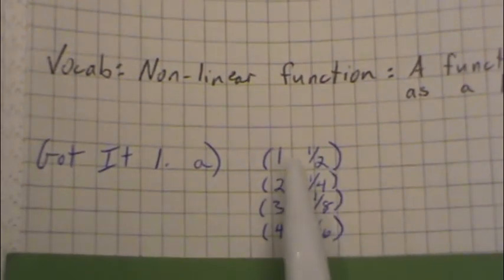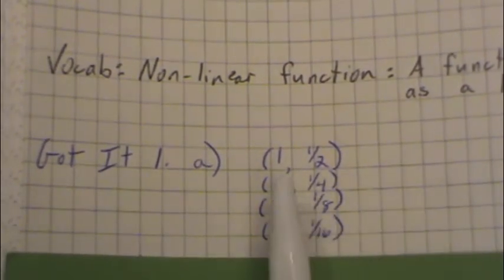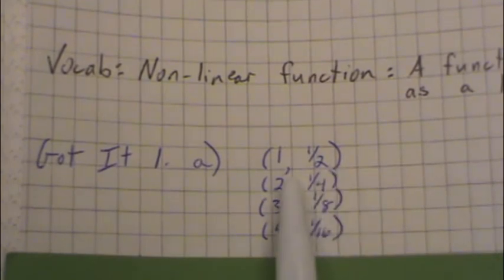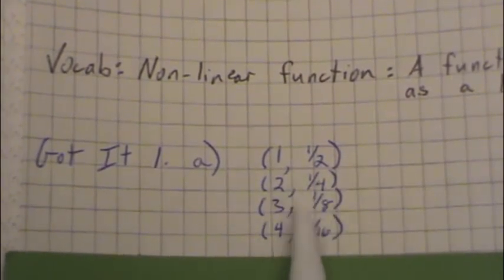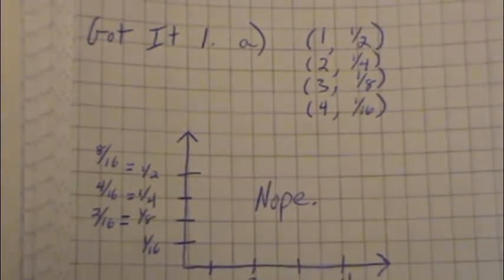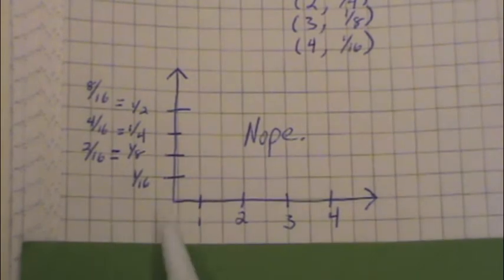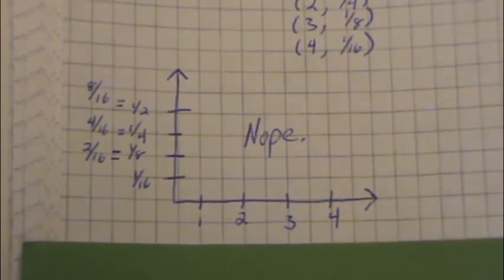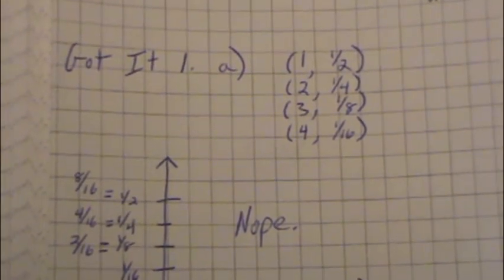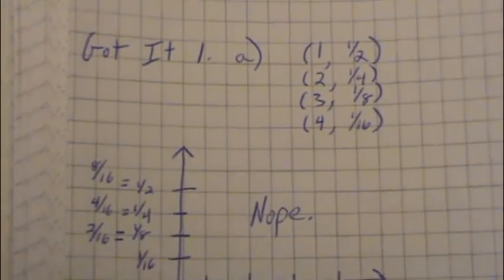So the first thing I did was just rewrite the points that they gave me in coordinate format, x, y, x, y, x, y, x, y. And so then I went to draw my graph. And I said, okay, my x values, 1, 2, 3, 4, fantastic. My y values, I need 1/16, 1/8, 1/4, 1/2.